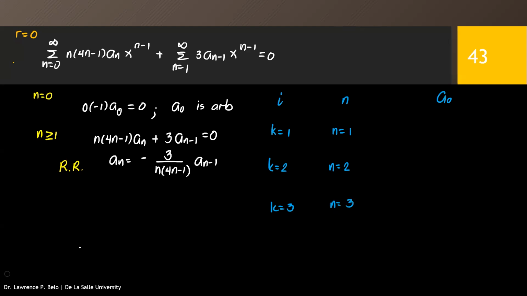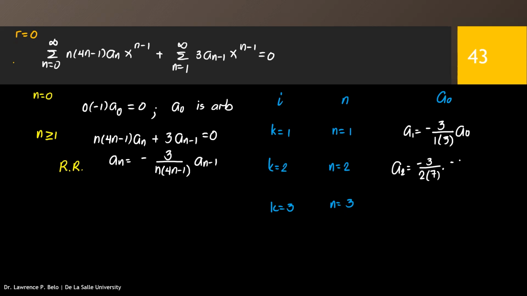So let's try. When n equals 1, a sub 1 is -3 times 1, 4 times 1 is 4, minus 1 is 3, a sub 0. With n equals 2, that's going to be -3 times 2, and then 2 times 4, 8 minus 1, 7, times a sub 1.